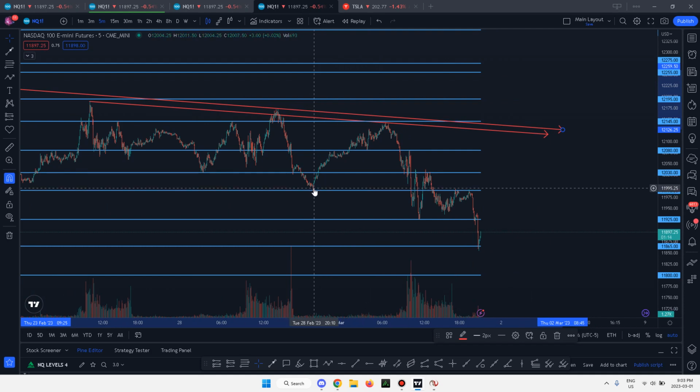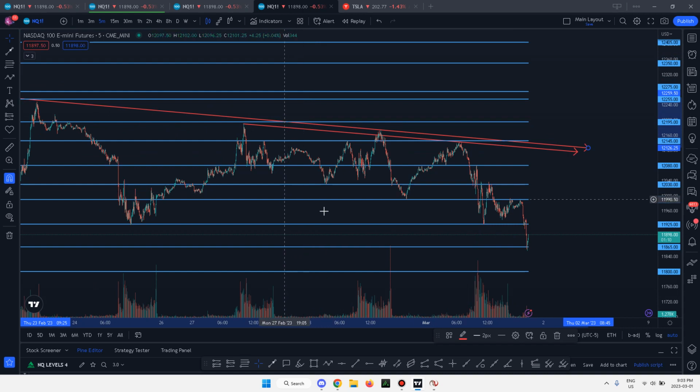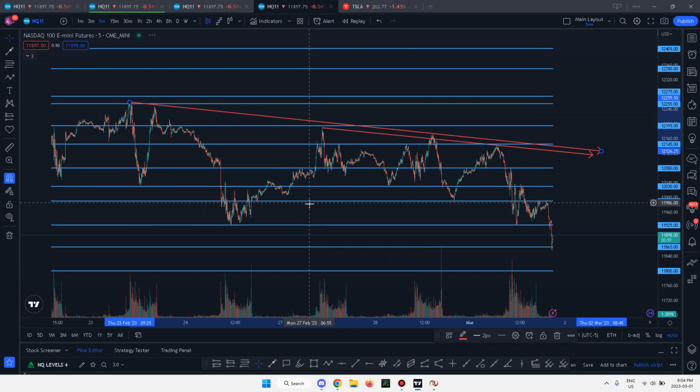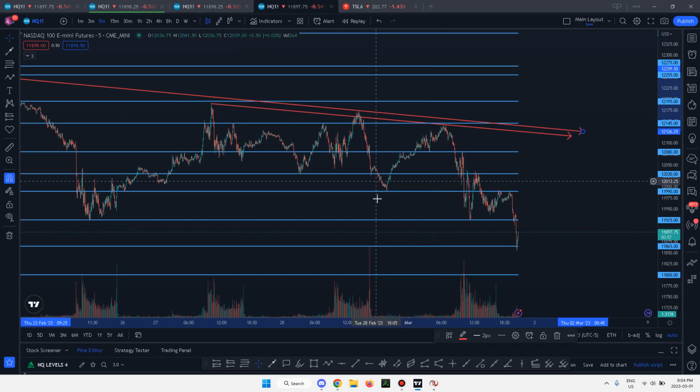We had a break of the 30. It closed. Well, there's an RTH gap from 30 to 1200. You can't see it in Globex, but it went down, it came in there, found buyers.